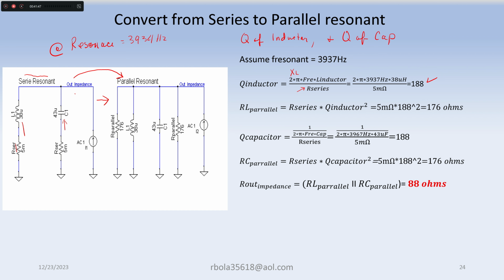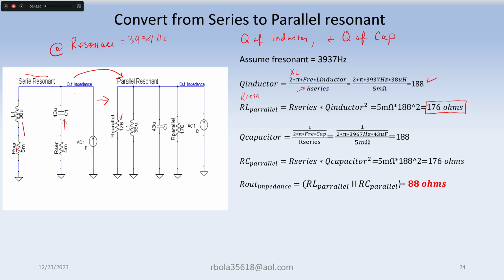So then to convert that series ESR, we multiply the series ESR times the Q inductance squared. So I end up with a parallel resistance of 176 ohms, which is right there.